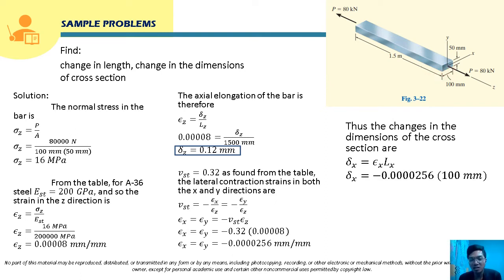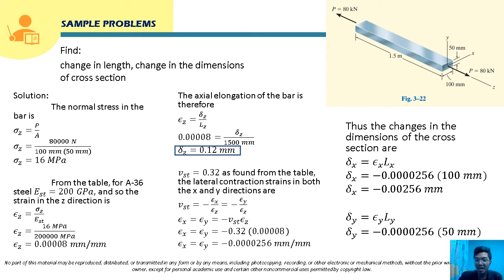Substituting these values, delta x will be negative 0.0000256 times 100 millimeter. This is the deformation of this 100 millimeter side in the cross section of this bar. So this will now be the answer for that direction.